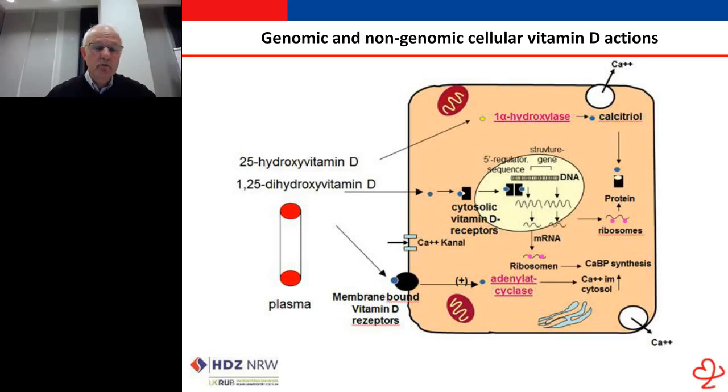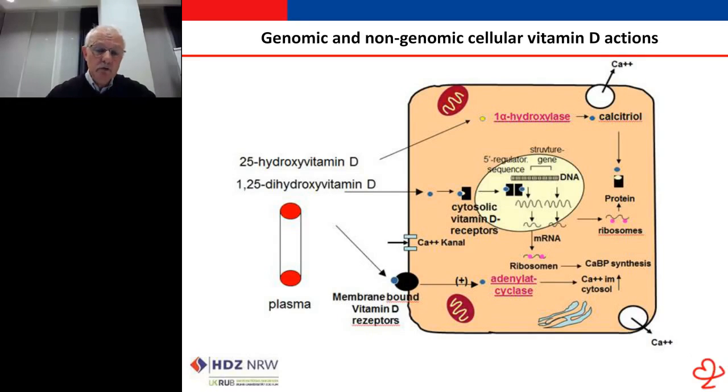The 1,25-dihydroxyvitamin D in the circulation binds to this cytosolic vitamin D receptor. And the 1,25-dihydroxyvitamin D can also bind to a membrane-bound vitamin D receptor. And this receptor is responsible for the non-genomic vitamin D actions.